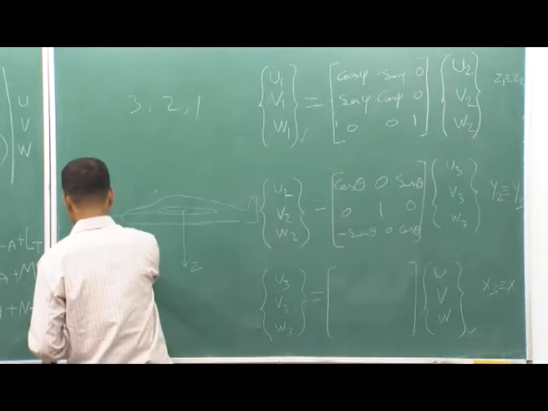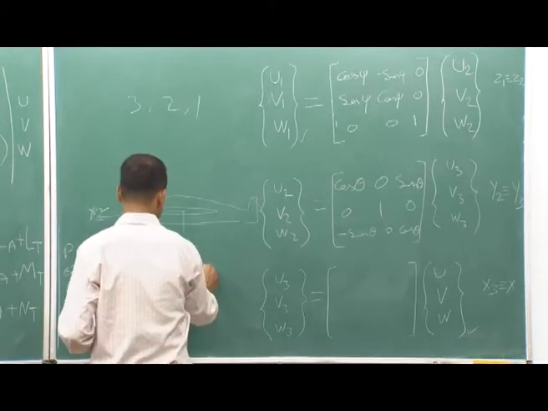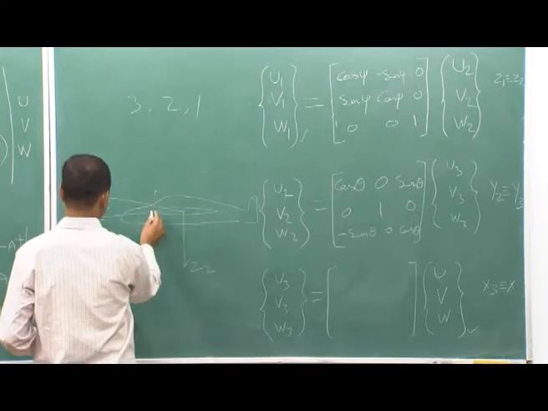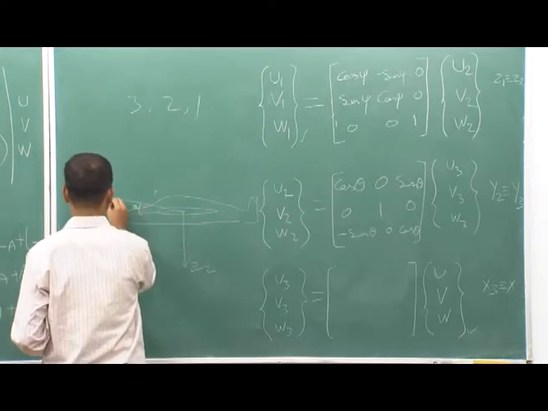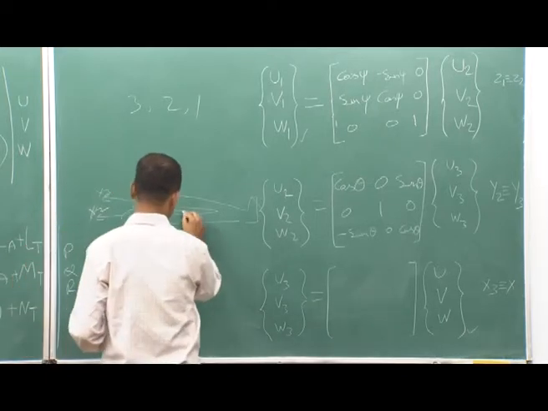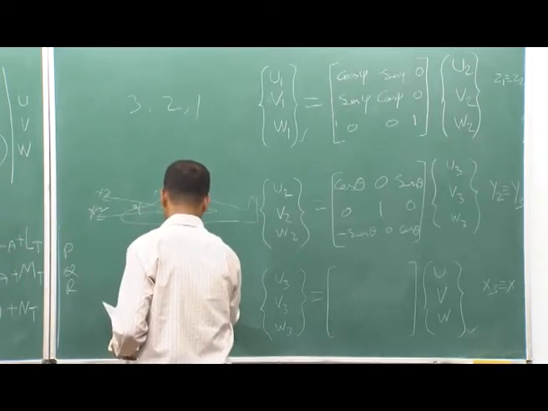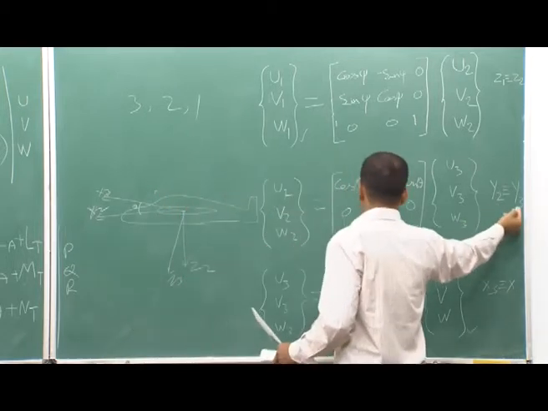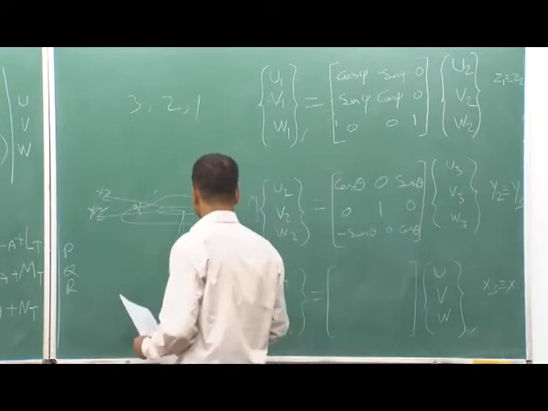Actually this is x2 and this is z2. After the theta rotation we will get x3 and z3. The y2 and y3 will remain same.